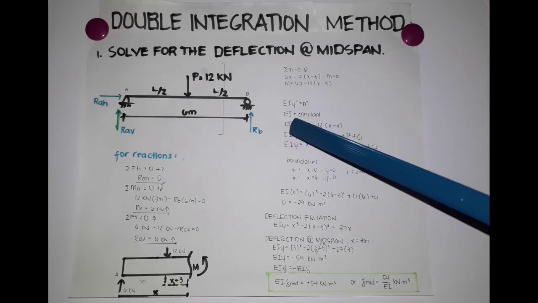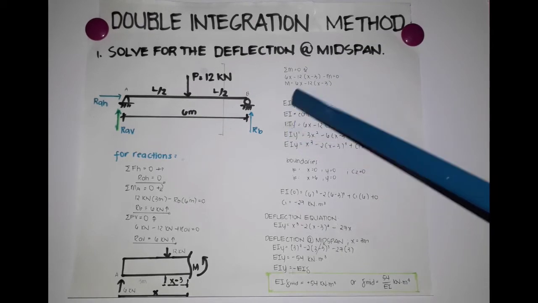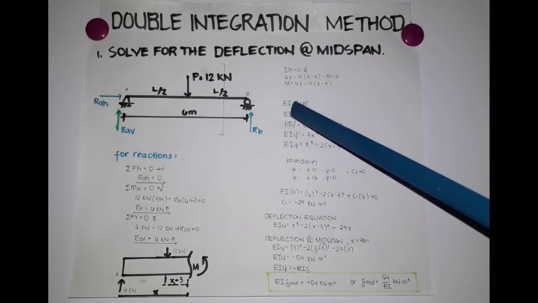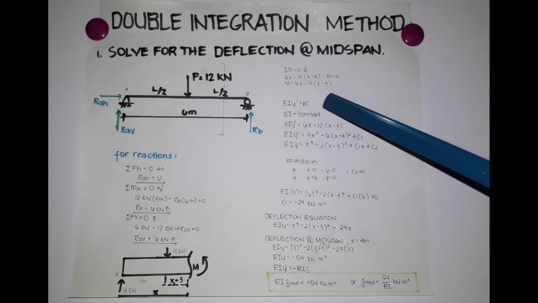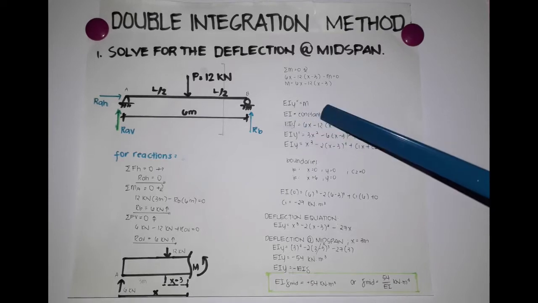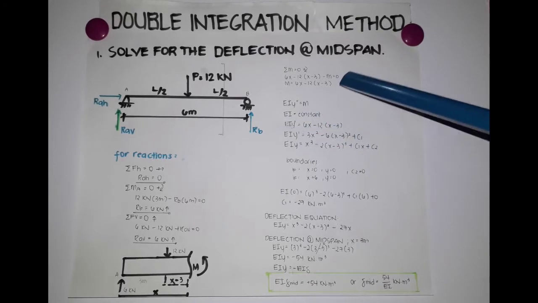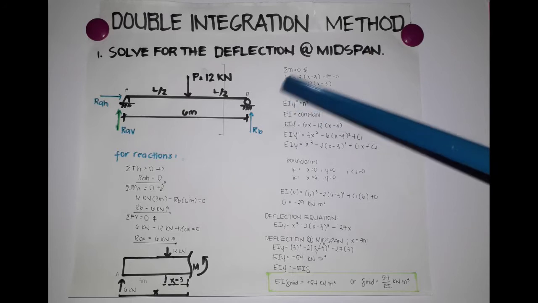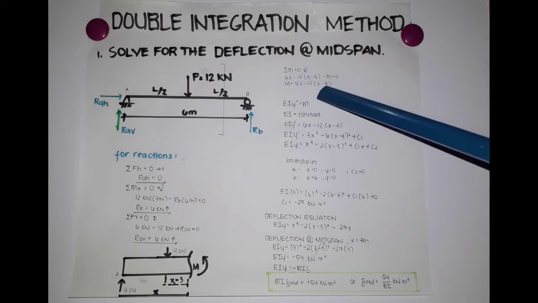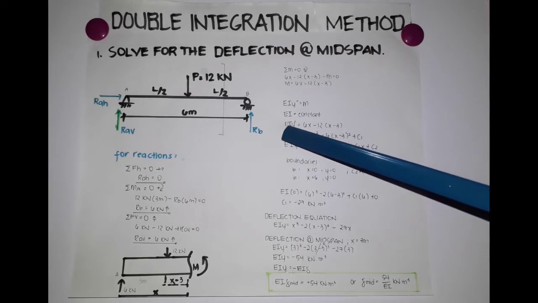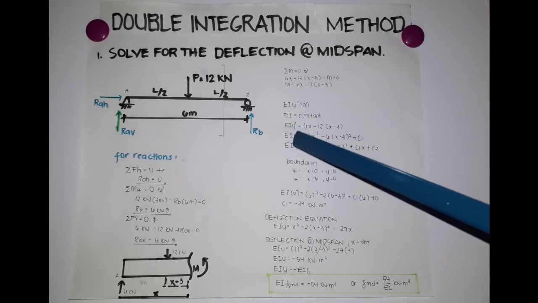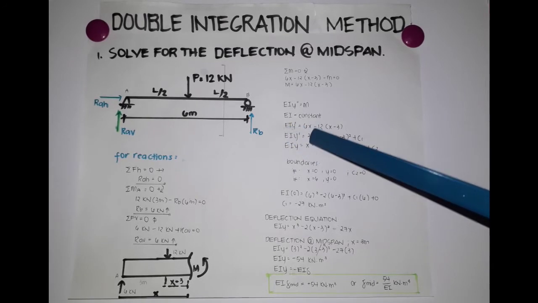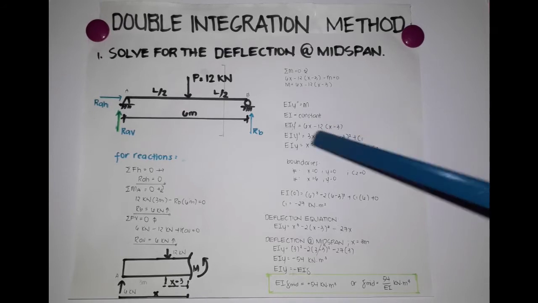After that, sisimulan na natin yung double integration method. Using yung formula, EIy double prime is equal to M wherein EI is constant. So, substitute lang natin yung nakuha nating value ng M. And makuha natin is EIy double prime is equal to 6x minus 12(x minus 3).